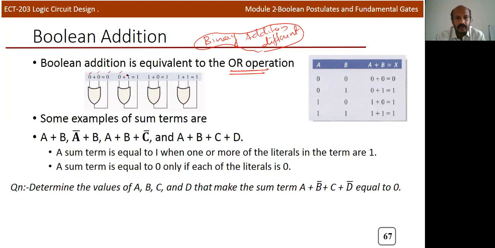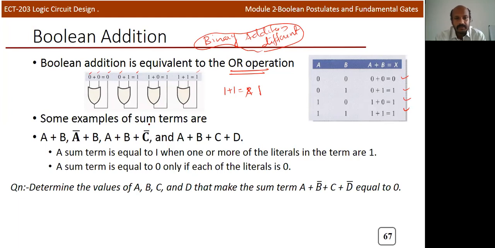And 0 1, if you apply that to the input of the OR gate, you will get 1 as output. 1 0, you will get 1. 1 1, 1. Okay, this is actually Boolean addition. So don't get confused: 1 plus 1 in Boolean addition is not equal to 2. Okay, it's equal to 1. And so this is a truth table indicating the OR gate. Exactly the same operation is indicated as Boolean addition.